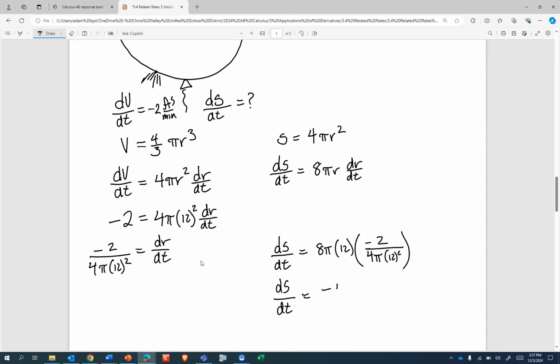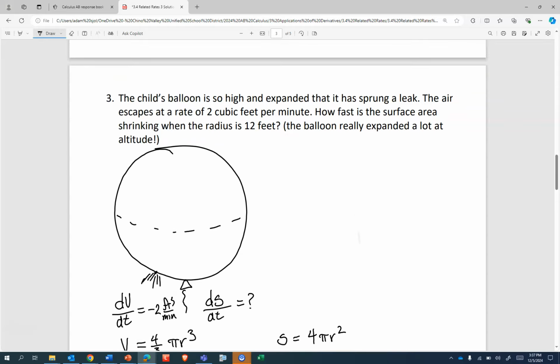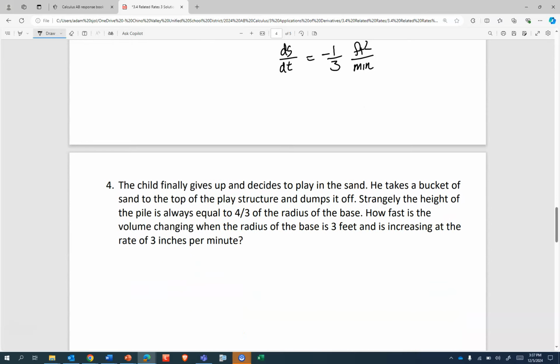So that's -16 over 4 times 12. And dS/dt, what is that? Well, that's just negative 1/3, and that's feet squared. Is it per minute, per second? Per minute. Hopefully you can figure out the rest of it from there.